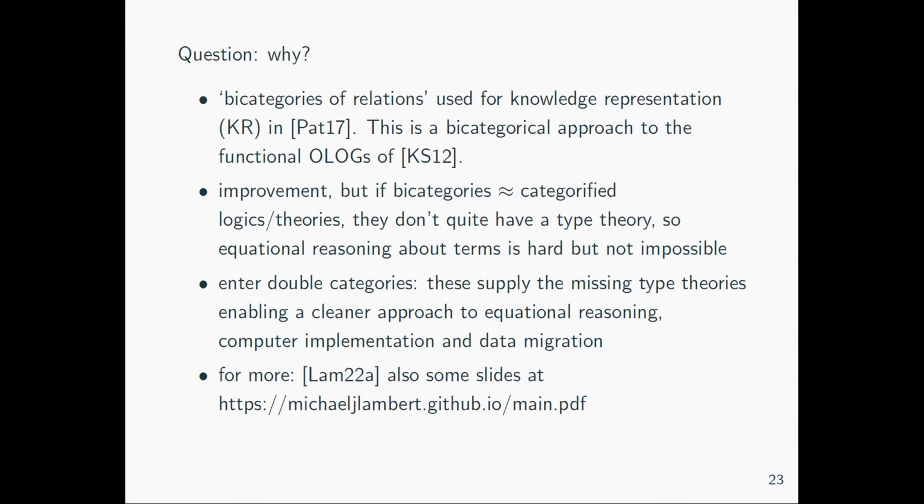I mean, Carboni and Walters say that they can basically do regular logic and regular theories. To me, Cartesian bicategories are really much about logic. It's really the basic stuff on regular logic. So I'm not sure I understand what you mean about the terms. Maybe I'm wrong there.